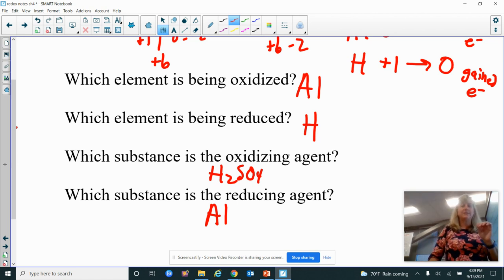This is oxidation reduction. All the other types of reactions besides double replacement have oxidation reduction going on. So single replacements, synthesis or combination, combustion, and decomposition.